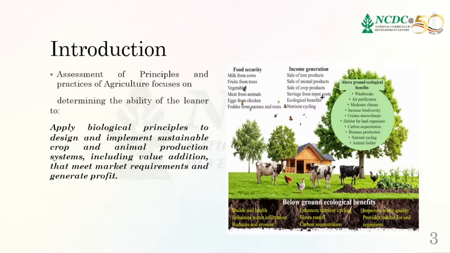where we are looking at the environment in those different forms. I hope colleagues you can see them clearly. We have below the ground, things in relation to the ecological benefit, building up of the soil health, enhancement of water infiltration, reduction of erosion.